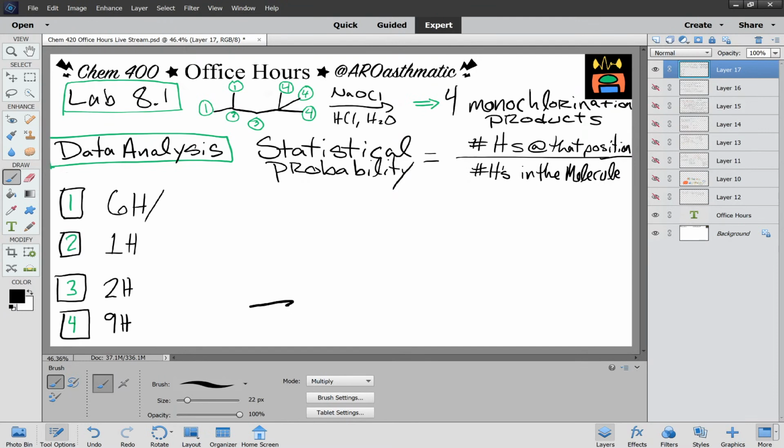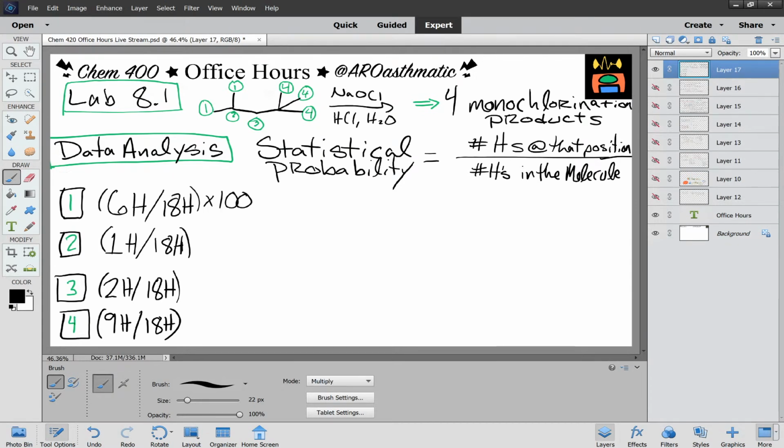Now we take each one of these and divide by the total number of hydrogens in the molecule. So that's 6 plus 1 is 7, plus 2 is 9, plus 9 is 18. So our total number of H's is 18. We do this for all of them, and then we take this and turn it into a percent.